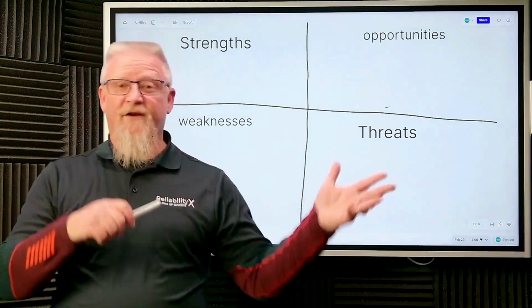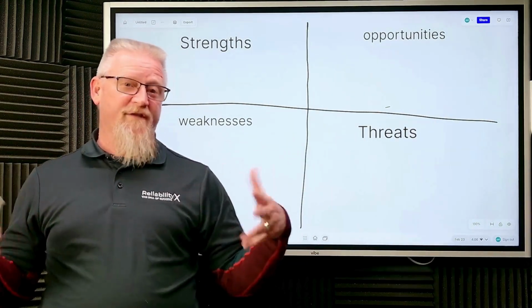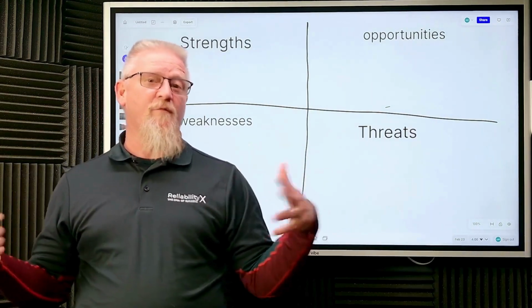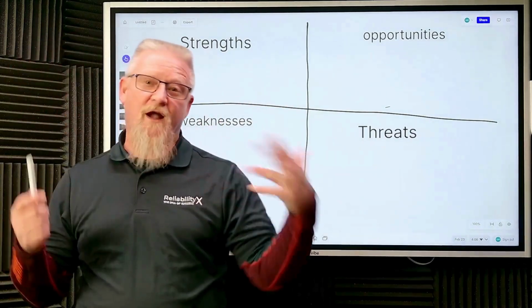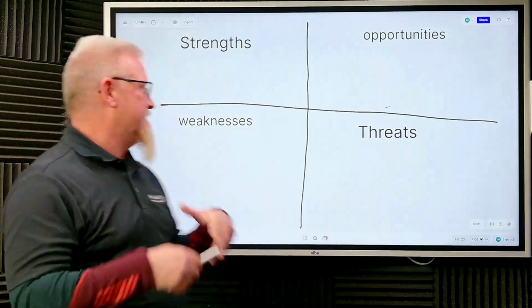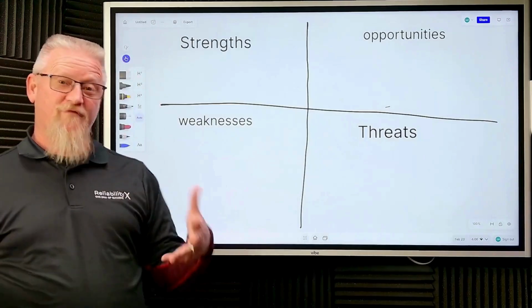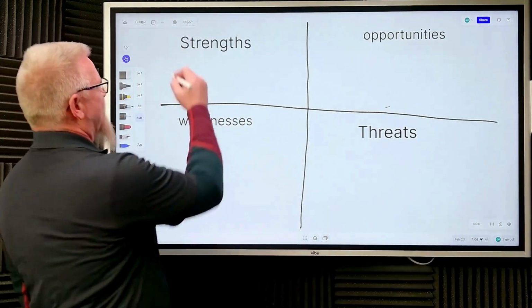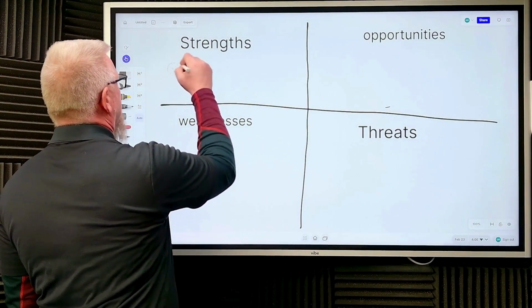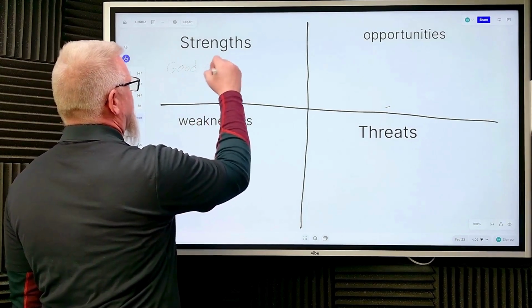Let's say my previous video dealt with a case erector and incoming raw material inspections. And so we want to identify our strengths, our opportunities, our weaknesses, and our threats. So strengths may be that we might have a robust quality department, good quality people.